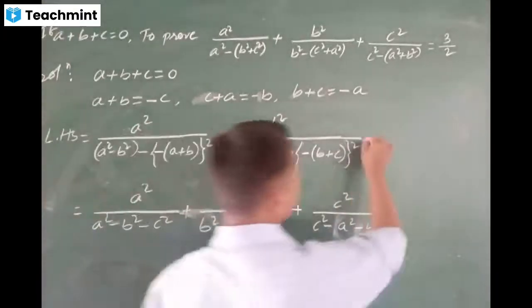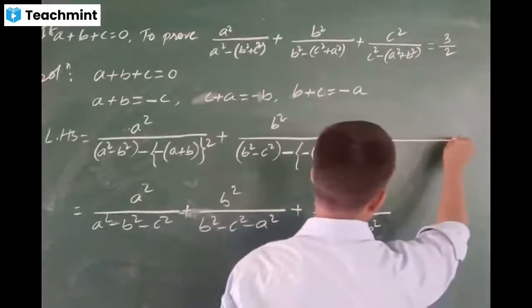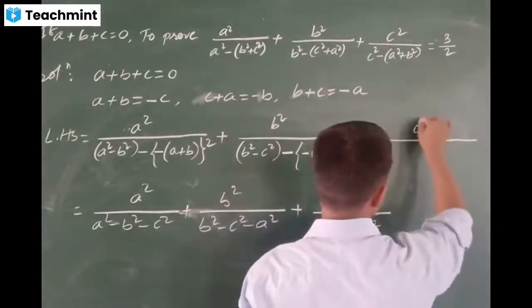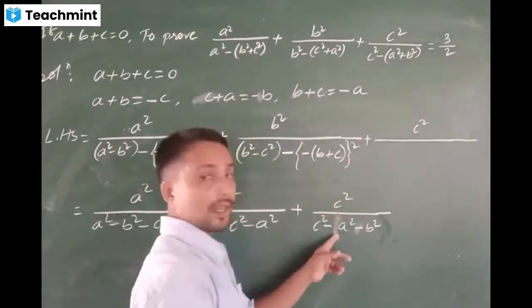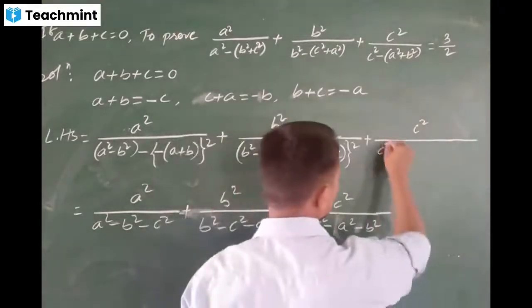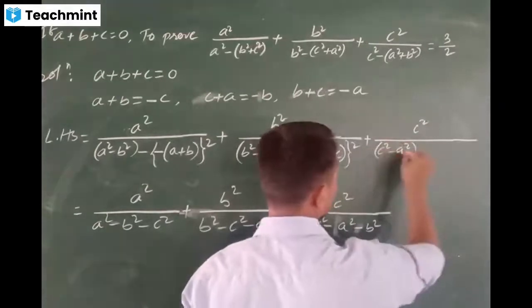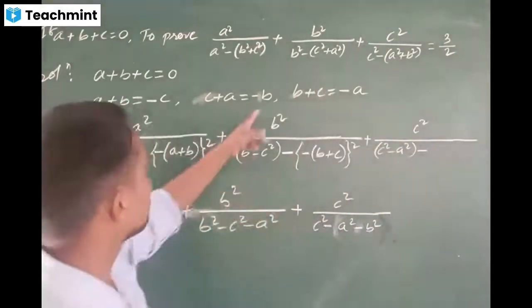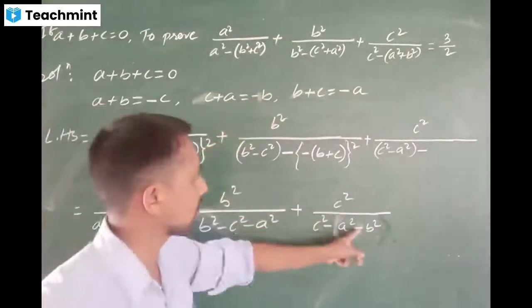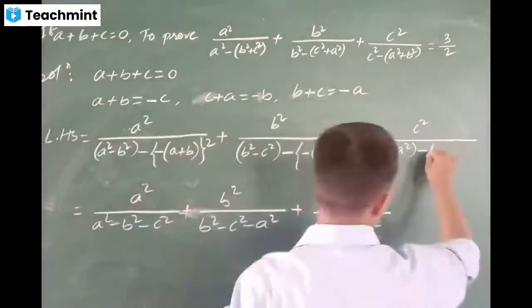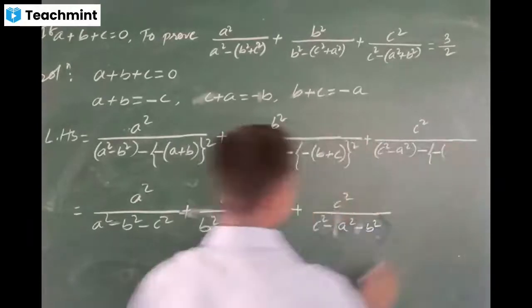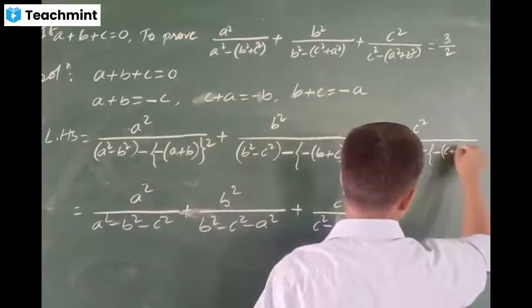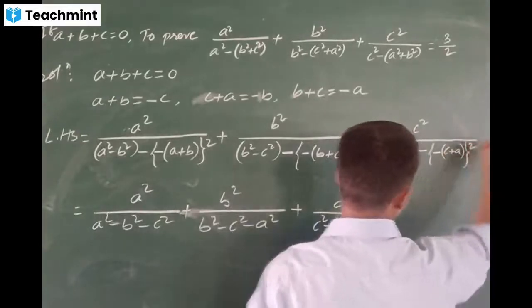Plus c square, c square minus a square, minus in place of b square value, another minus here, b value is c plus a, whole square.